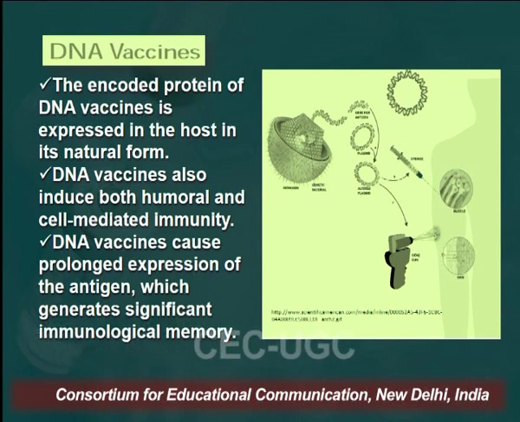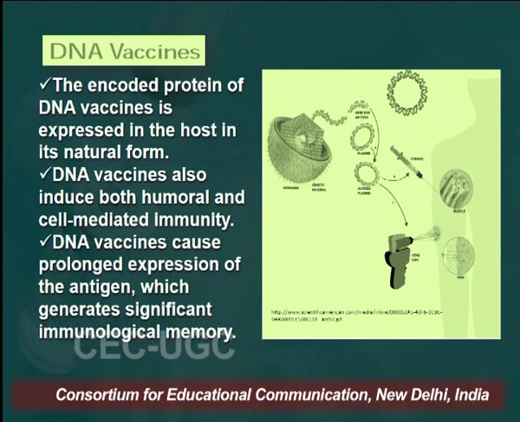So in this particular kind of vaccine, the DNA part is taken up and incorporated into a certain expression system, and then it is injected. The important part is that these DNA vaccines can induce both the humoral and the cell-mediated immune system.